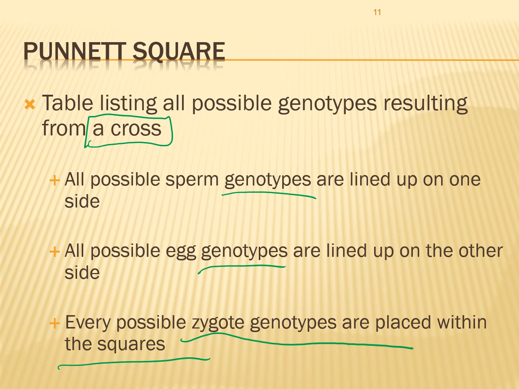So it's only showing you the probability, which would be 50%, but it doesn't mean that is what is actually going to happen all the time. So a Punnett square is used to show you possible outcomes of a particular sperm with a genotype and an egg with a particular genotype coming together to form an offspring. And so it's a tool for predicting outcomes.